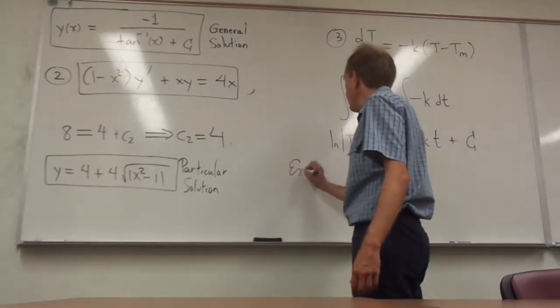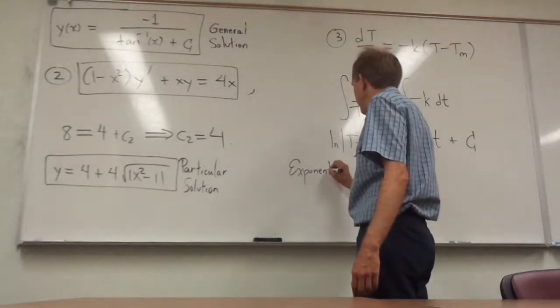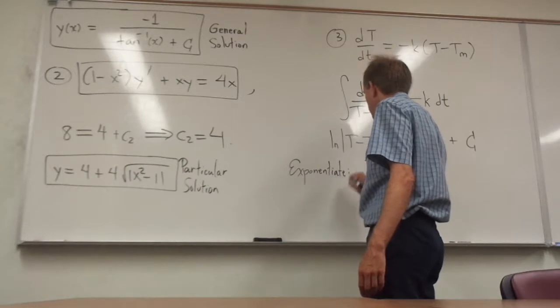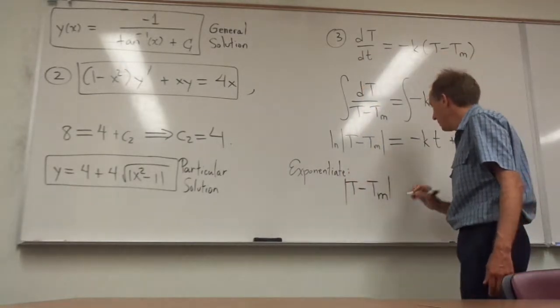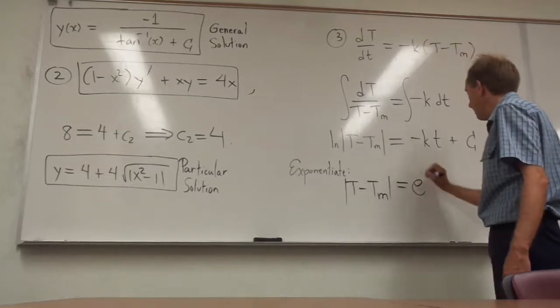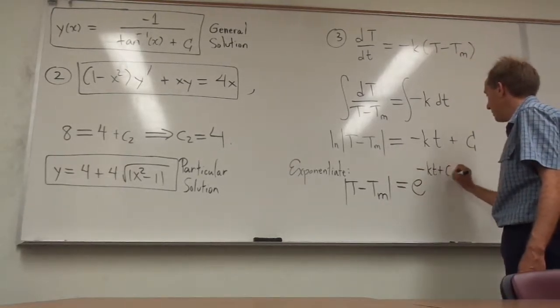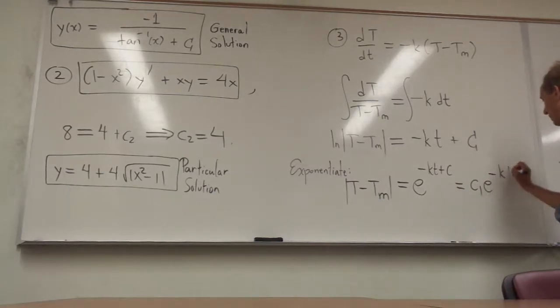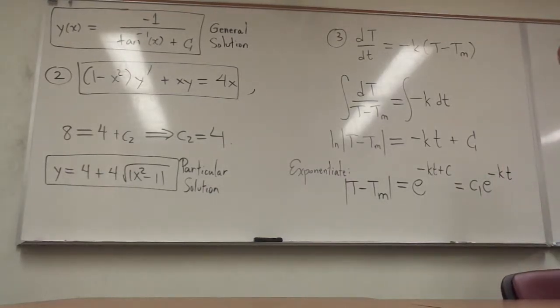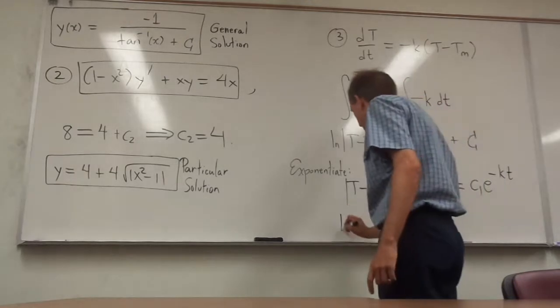Okay, we exponentiate again. And that gets rid of the logarithm on the left side. And on the right side, we have e to the negative kt plus c. E to the c is C1, e to the negative kt. We take off our absolute value bars.